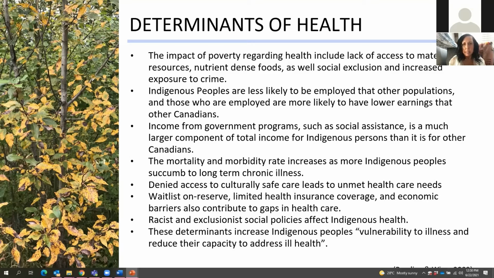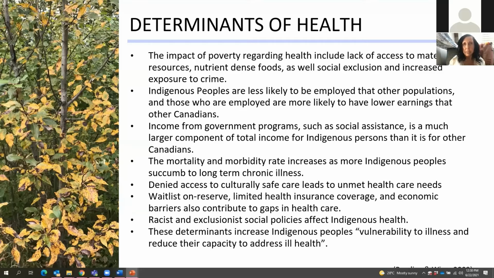It has impacted Indigenous peoples, and the lack of support from government programs, the social exclusion, the nutrient-dense foods, the lack of access to clean water, the lack of access to culturally safe care, the systemic racism, the barriers and gaps in care, the wait lists on reserve, the limited healthcare coverage or insurance, if any, the economic barriers, racism.